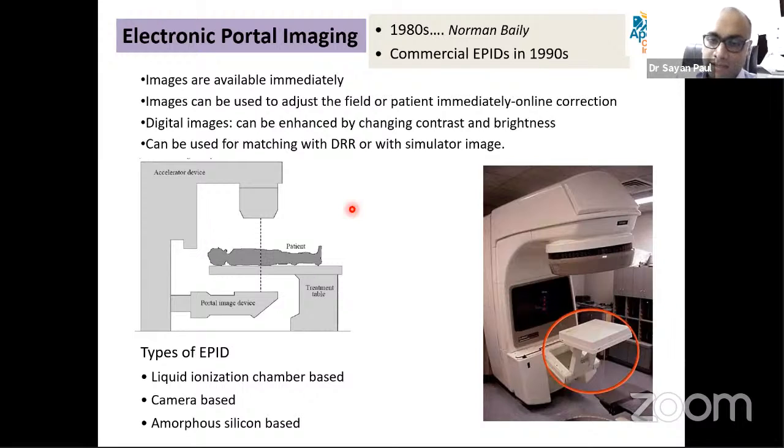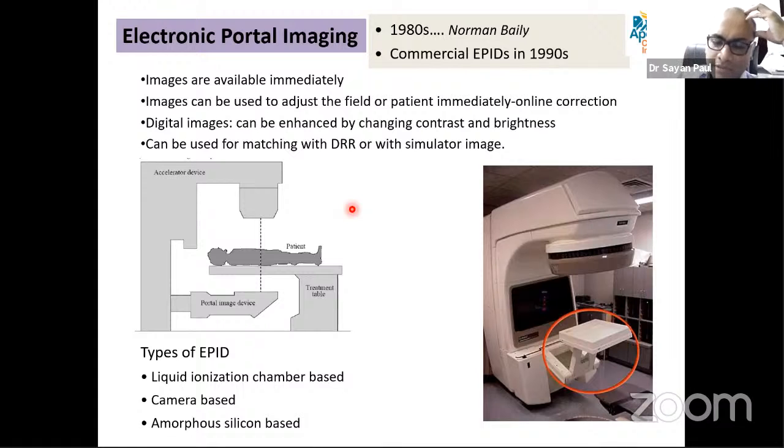What is DRR? DRR is a radiograph which is digitally reconstructed by the system from our CT scan dataset, the planning dataset. So we actually do not take this radiograph, but the system generates it at the same isocenter point as the portal image, so that we can match these two images at the time of treatment delivery.